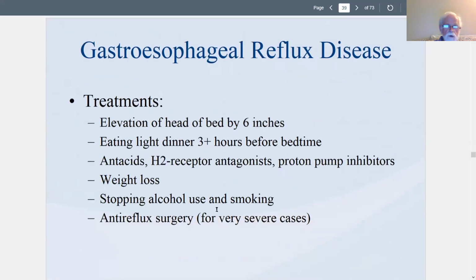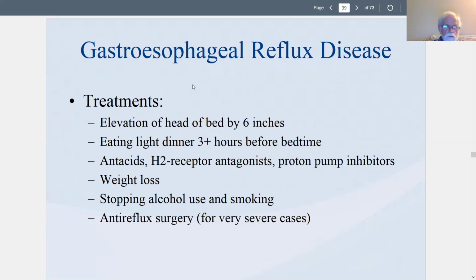Treatments, well, there's some physical things you can do. Elevate the head of your bed by about 6 inches so that when you lie down, stuff isn't splashing out of the stomach. Gravity is keeping things in the fundus.